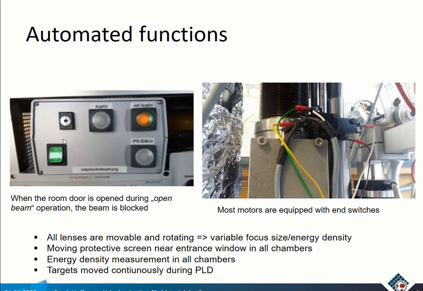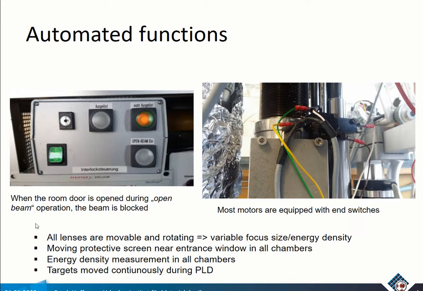So this is equipped with the complete setups, and we have a lot of motorization on the different deposition chambers, and all those motorizations are also equipped with end switches. So for example the height of the target or the rotation position of the target is only possible within certain limits.